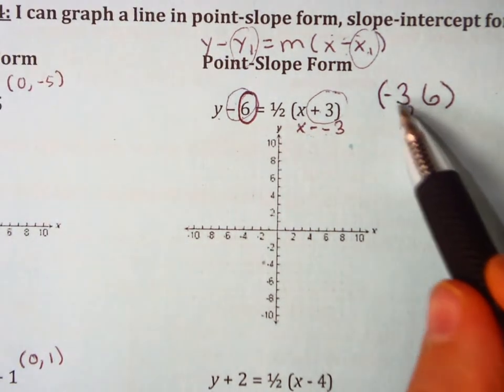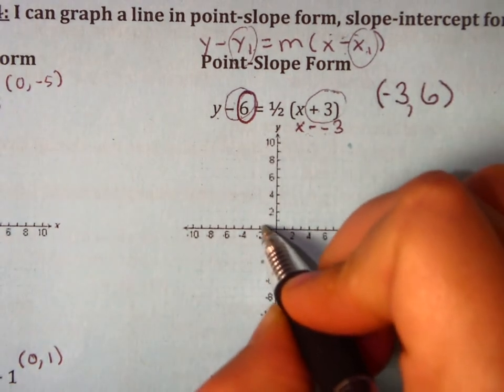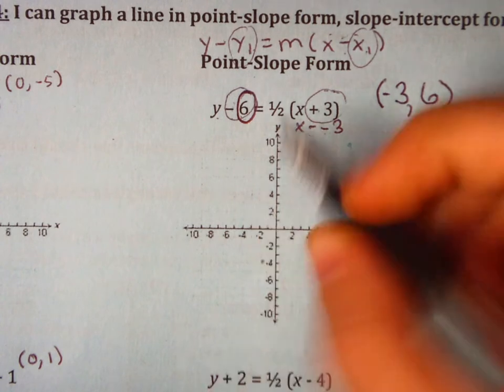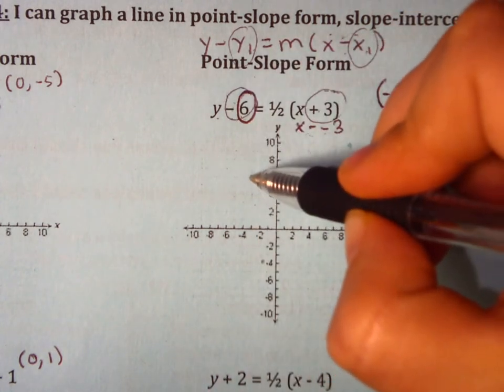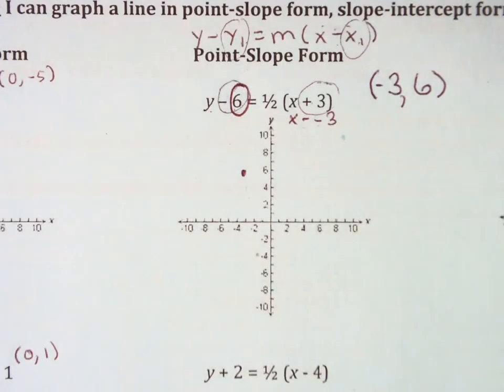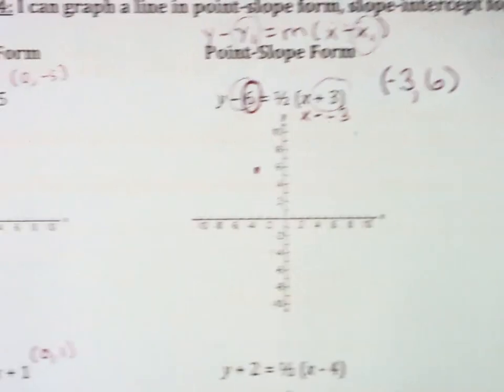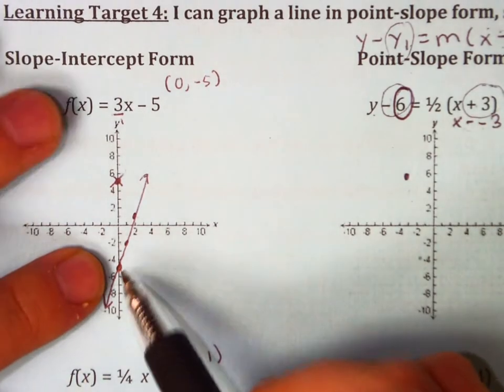So I'm going to start at this point. I'm going to start at -3, +6, right there. And now from that starting place, I'm going to go where my slope tells me to go. Over here, my starting place was the y-intercept.